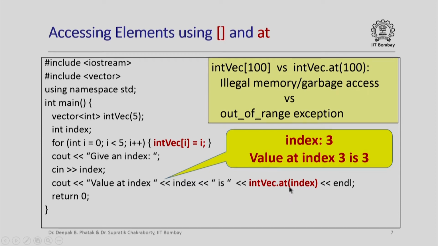However, if I am using the at member function, then it will detect that the index I am using is larger than the size of the vector that I have allocated, and therefore there is an out of range exception. So this is the difference between using the square bracket operator to access an element of a vector and using the at member function. So clearly using the at function is preferred.